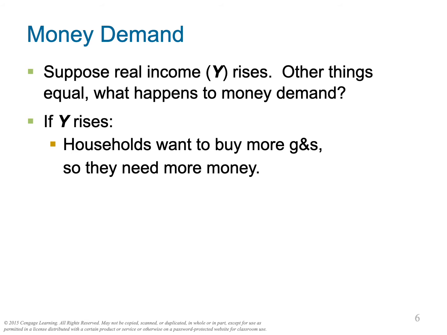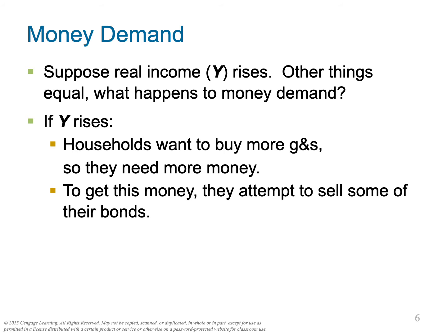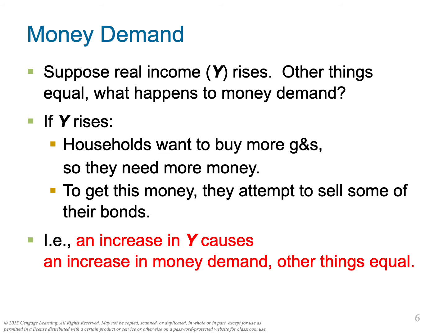So the demand for money would increase if income increased. Now, in order to get this money, they have to convert their bonds that they own into money. All right, and so the overall effect is that an increase in real income or real GDP causes an increase in money demand, assuming that everything else remains the same.